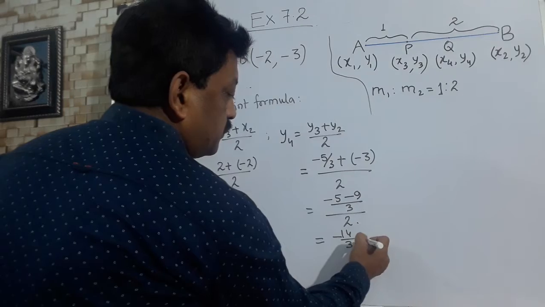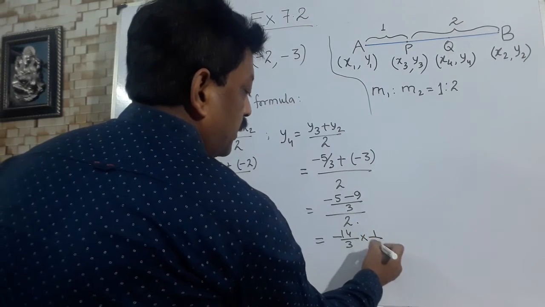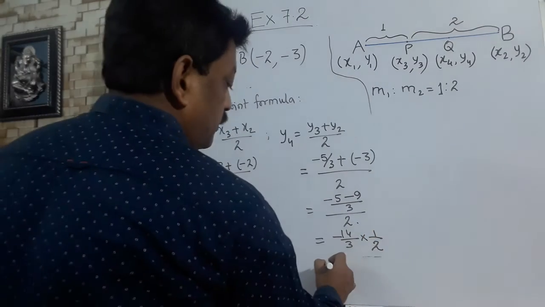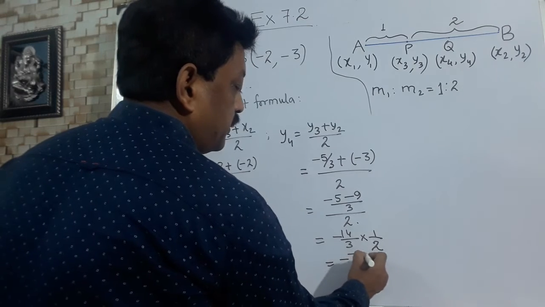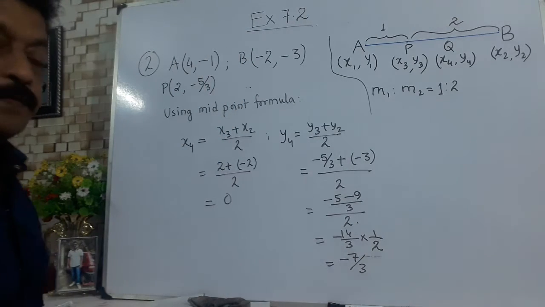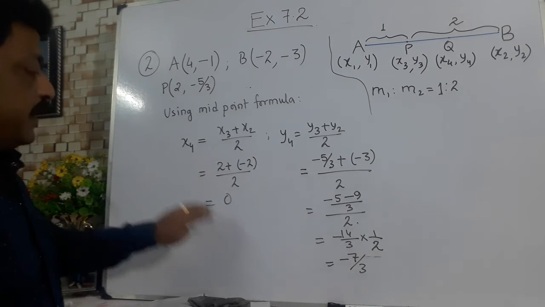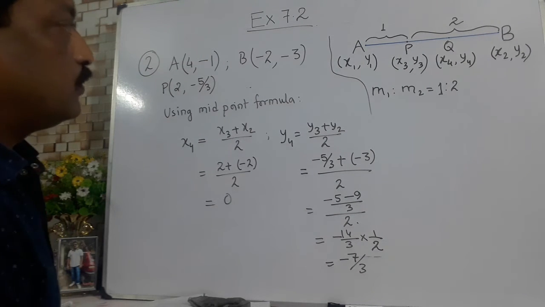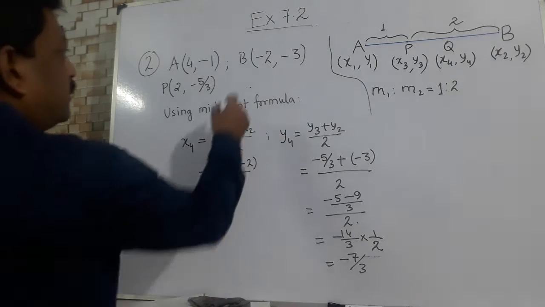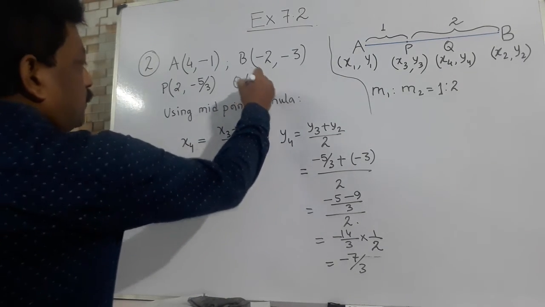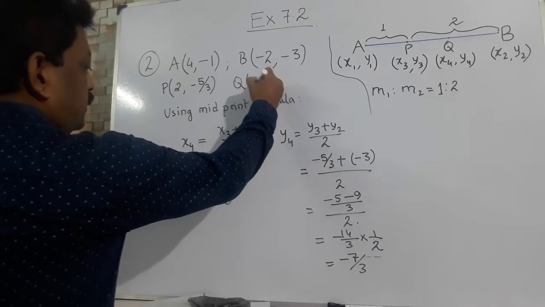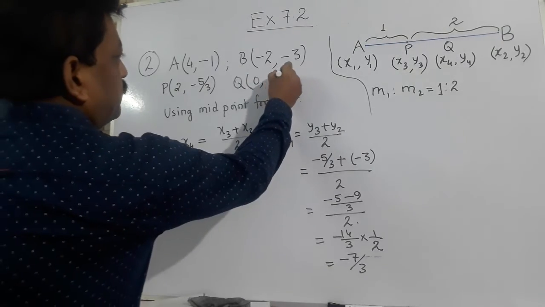So that is multiplied by 1 by 2. So this will become minus 7 upon 3. Therefore, we have got the coordinates x4 and y4, the coordinates of Q. So the coordinate of Q is (0, minus 7 by 3).